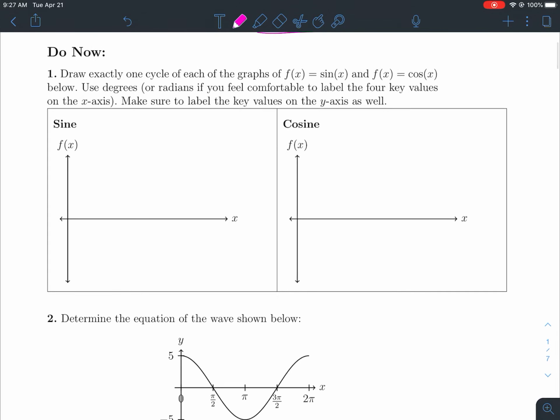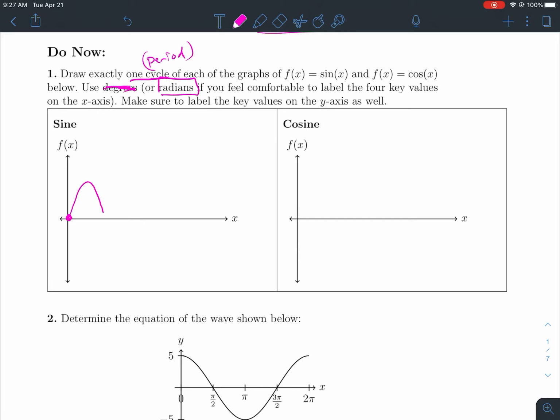The most important thing with trig waves is you need to have a picture of sine of x and cosine of x. It says to use degrees here, but at this point we're all really comfortable with radians, so let's use radians. Sine starts at 0, 0. If we graph one cycle of it, the word we use for that is a period.